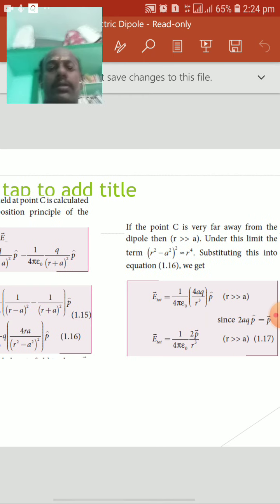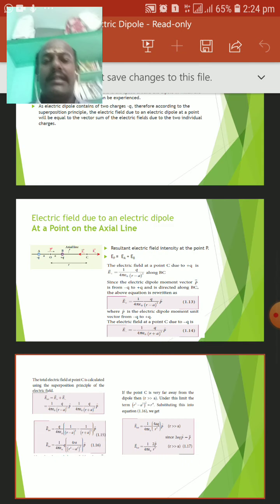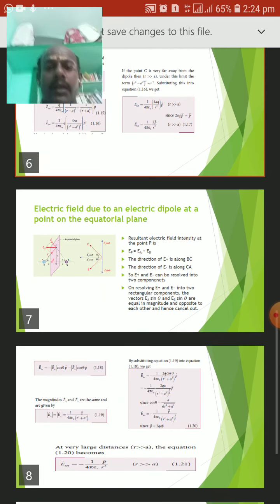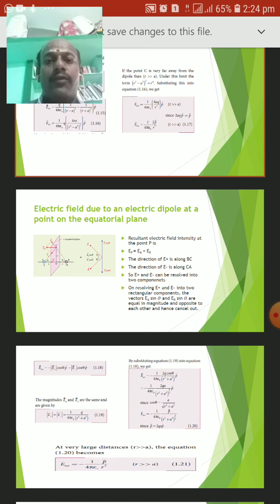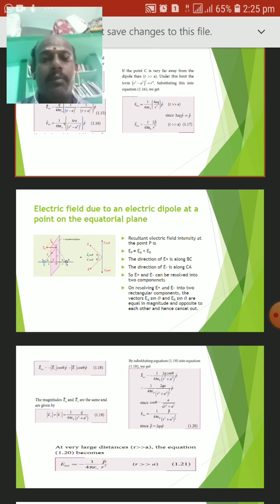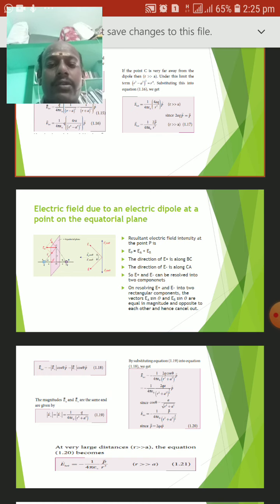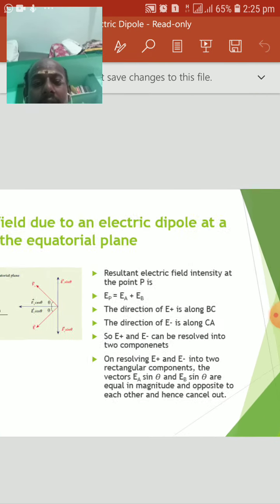The next one we are going to see is the electric field due to an electric dipole in its equatorial line. This is a little broad one, so here we have to listen carefully. In the axial line there won't be any problem, and we are not going to discuss the angle. But in the equatorial line, look at that diagram.